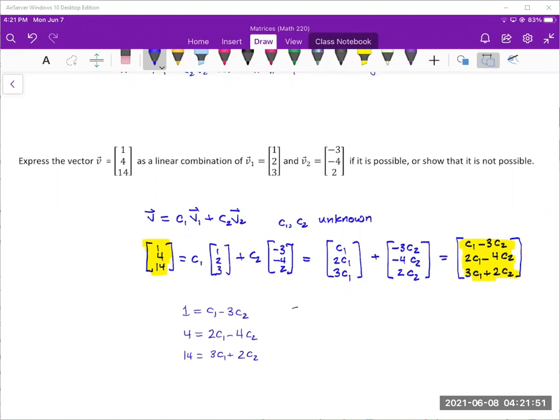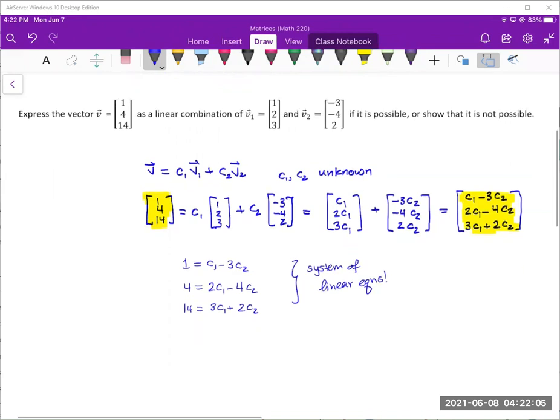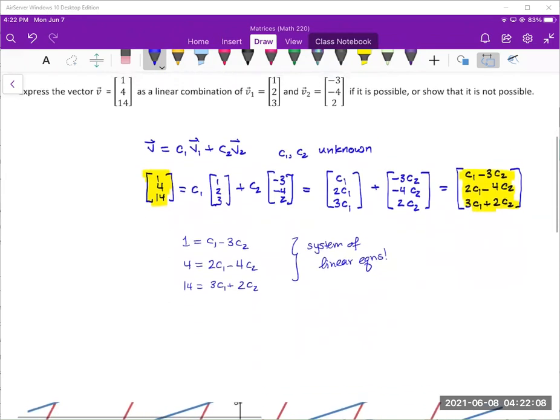Notice this is a system of linear equations. So we know how to solve this. Let's solve it. We're going to build an augmented matrix. So my first column is going to be coefficients of c1, then my second column will be coefficients of c2, and then my third column is going to be the augment, this vector (1, 4, 14).